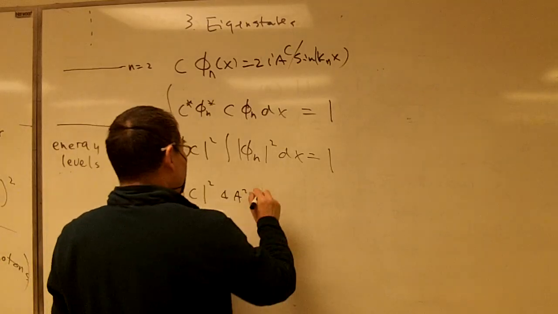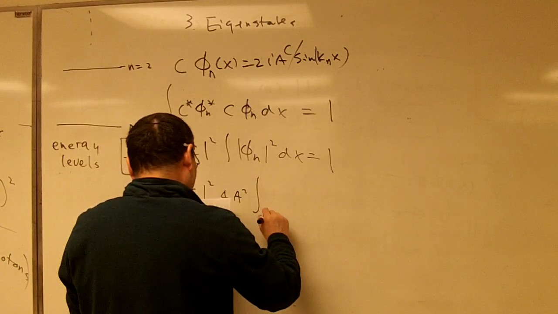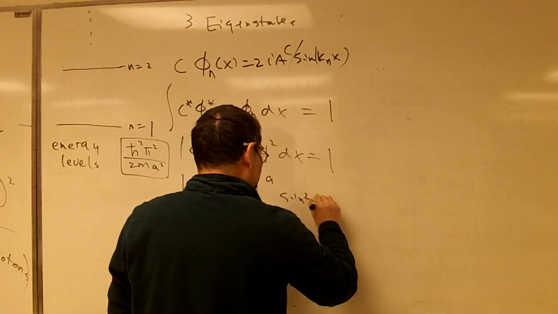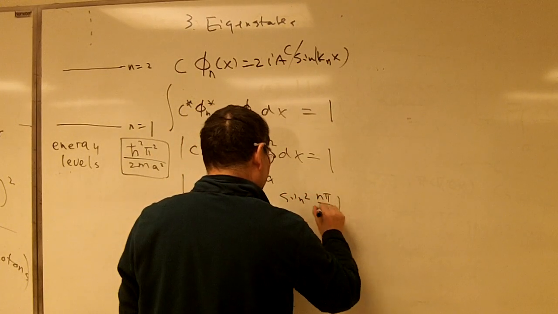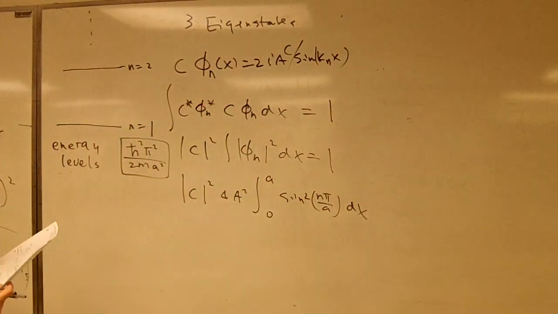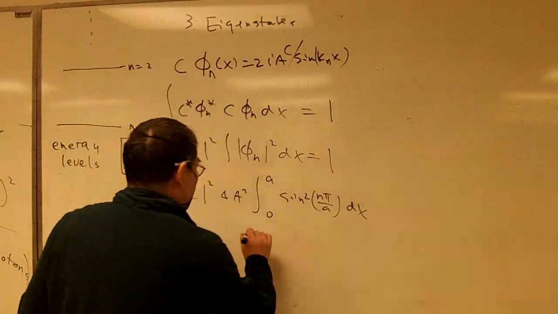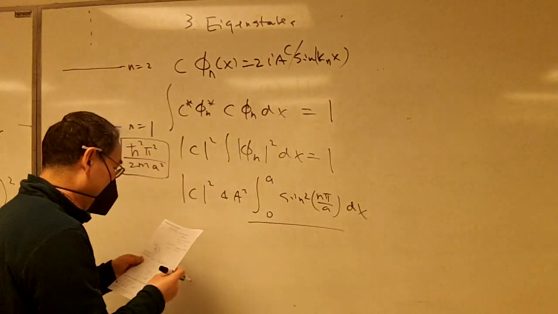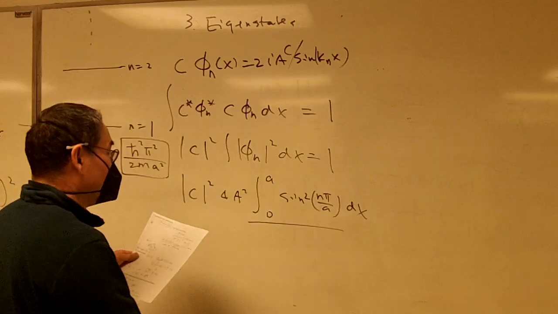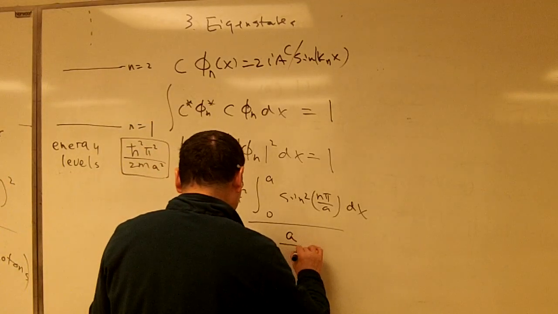And then this is going to equal the integral from 0 to a of sine squared n pi x divided by a, dx. So this is my integral, how large this will be. And this integral is really, really straightforward. This part just equals a over 2.